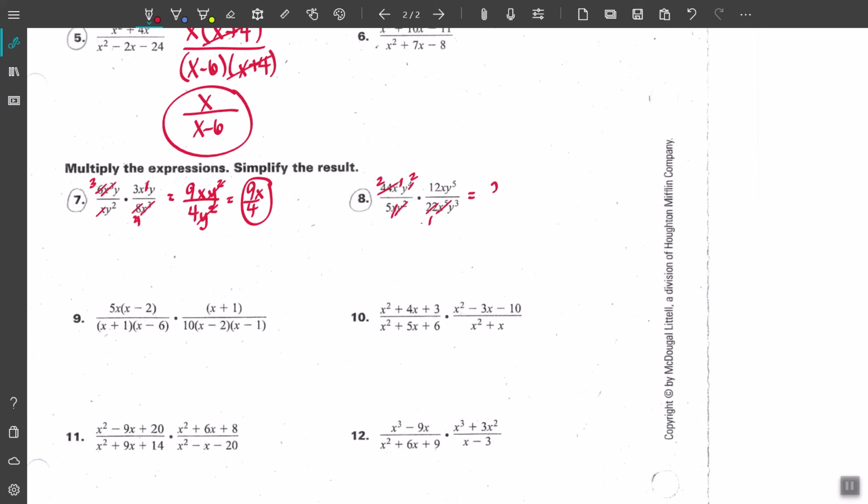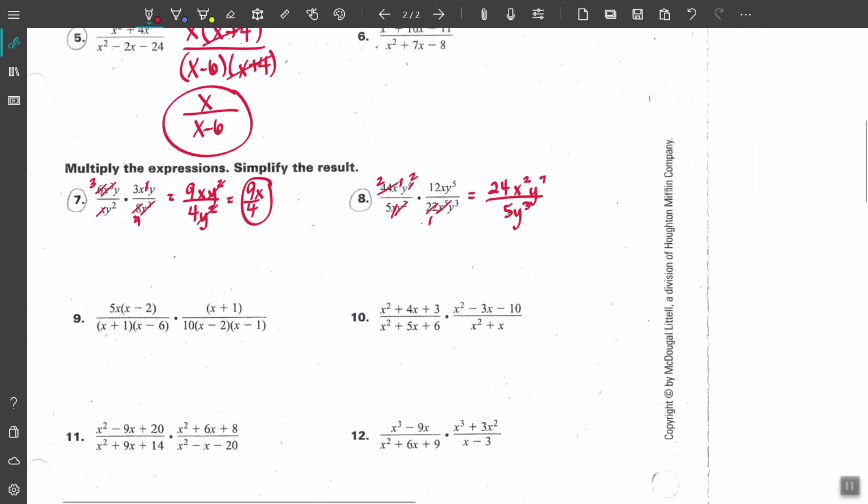So 2 times 12 is 24. I have an x and an x, so we're multiplying them together, rewrite the base, add the exponents, and then y squared and y to the 5th, rewrite the base, add the exponents. And all of that is going to be over 5y cubed, which is the only thing I have left in the denominator.